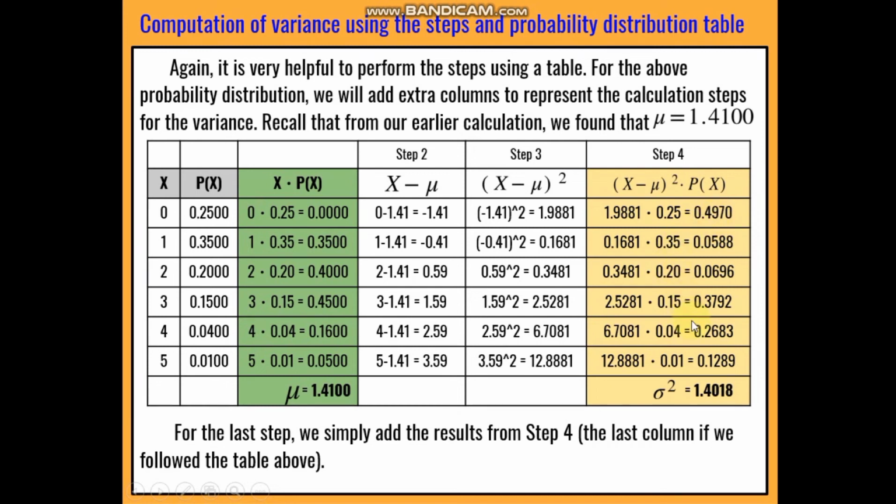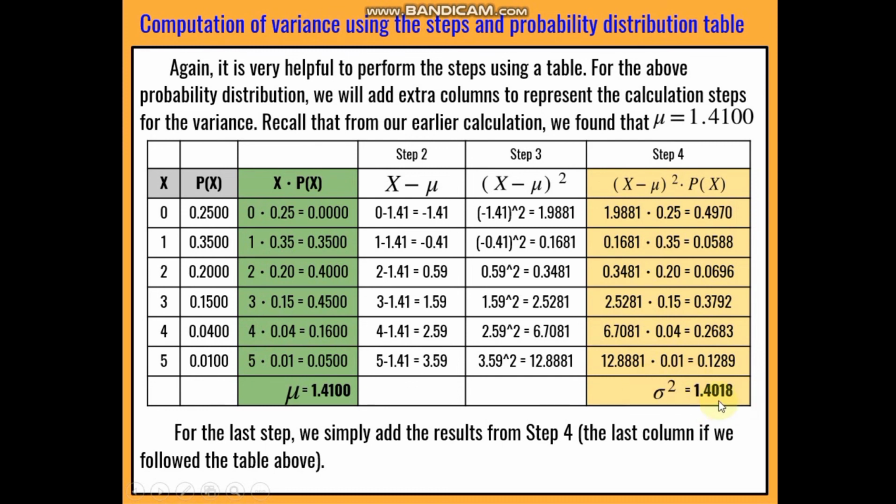And so on, up to 12.8881 times 0.01, which is equivalent to 0.1289. If you get the sum of your step 4, you will get the variance already, because again, the formula for variance is the summation of the quantity x minus mean squared times p of x. So, pag inadd mo to, ang makukuha mo is 1.4018, which is already your variance.